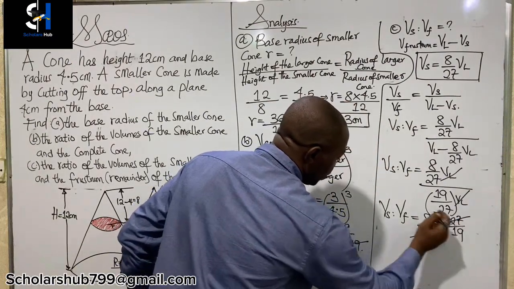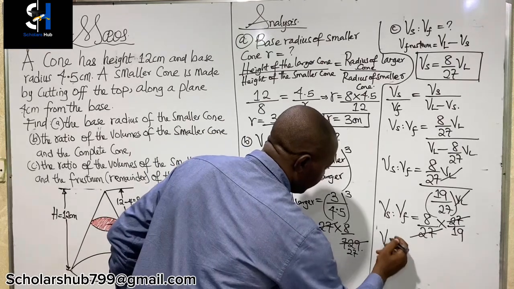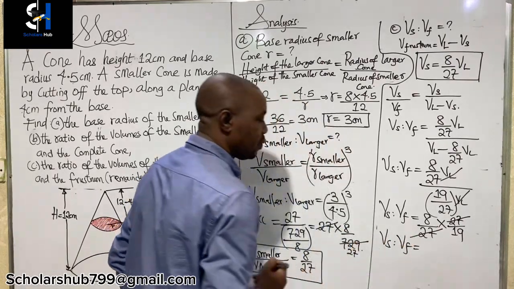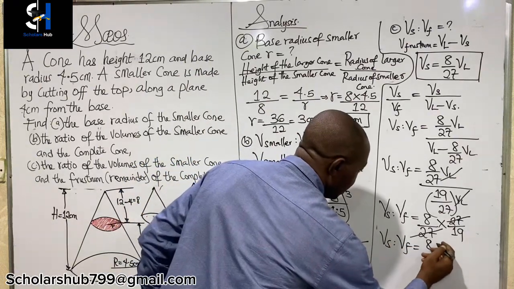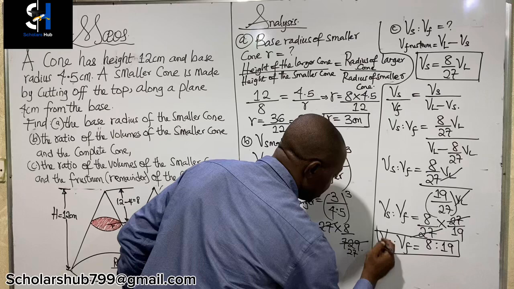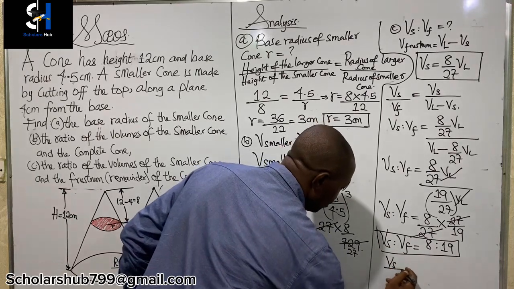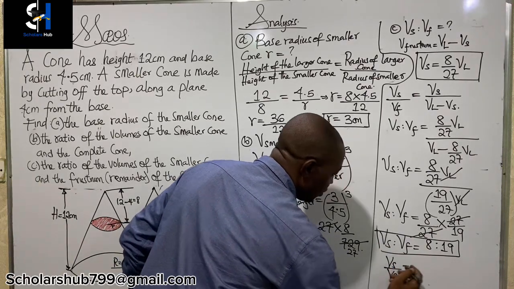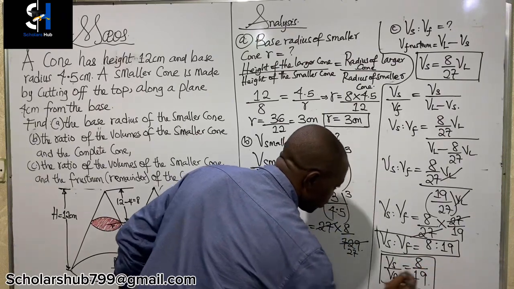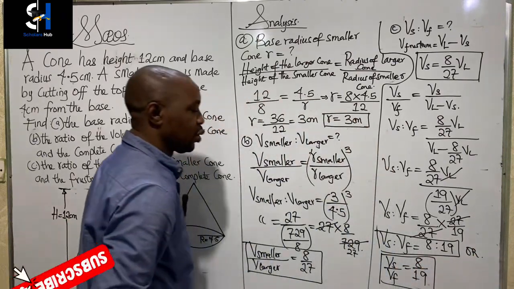The 27 will cancel out, so the ratio of the volume of the smaller cone to the volume of the frustum would be 8 to 19. Remember, volume of smaller cone over volume of frustum is 8 over 19. We can also have it this way.